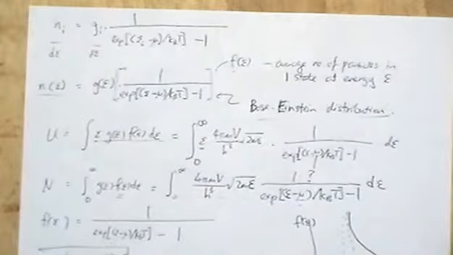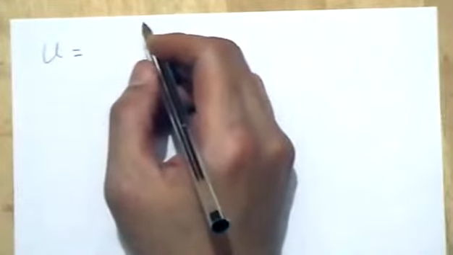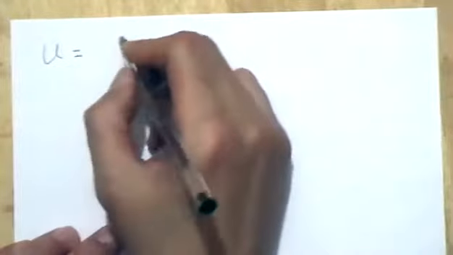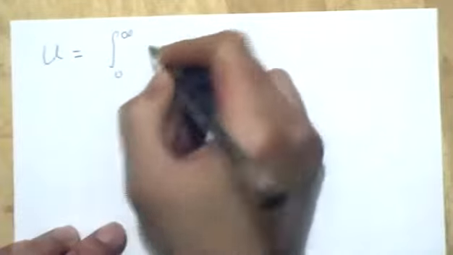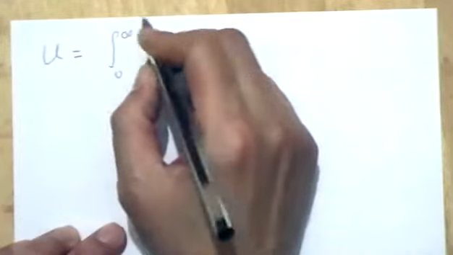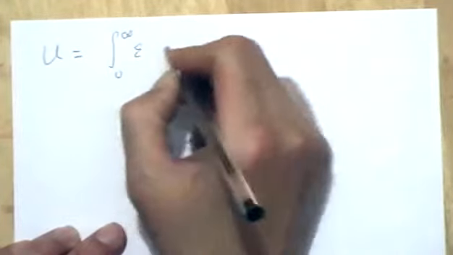Okay, so let me try and write that down. Now what we need to do is to write down the expression for U with mu equal to 0. Okay, let's see what we have. 0 to infinity. Now we have energy.